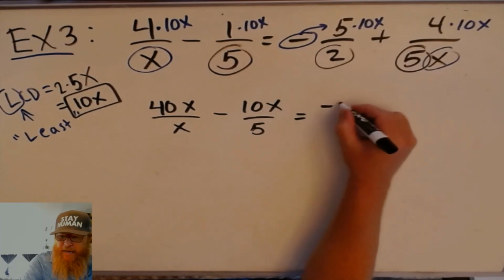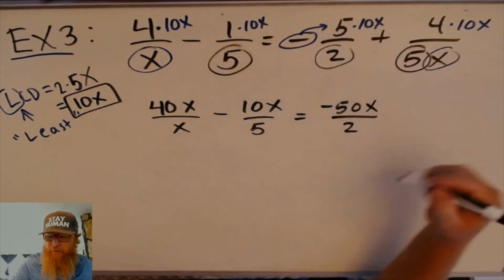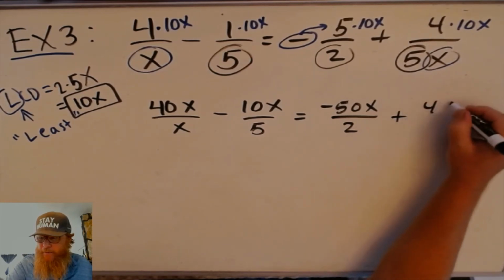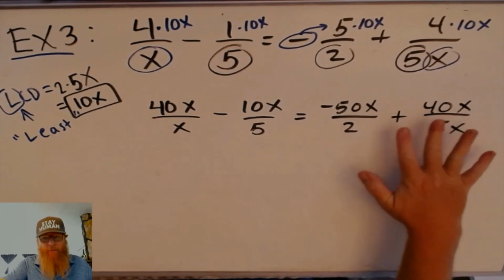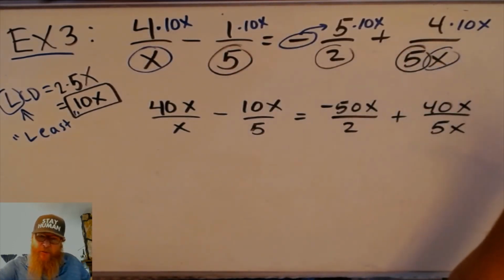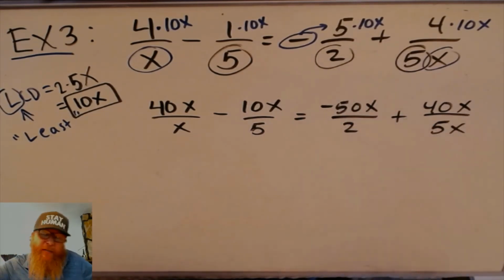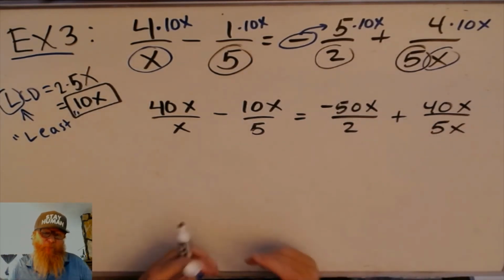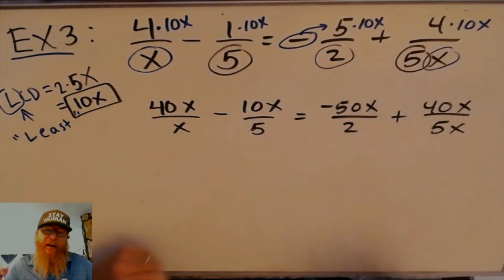So that's negative 50x over 2. I'm bringing the negative up into the numerator. And then now I'm going to simplify. If you want to start simplifying early, you can, but if you cross something off prematurely, you're never going to be able to go back and recover. So it's better just to wait one step. I usually simplify in the second step.